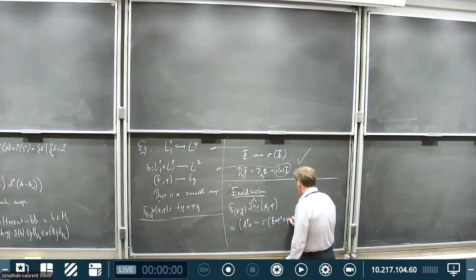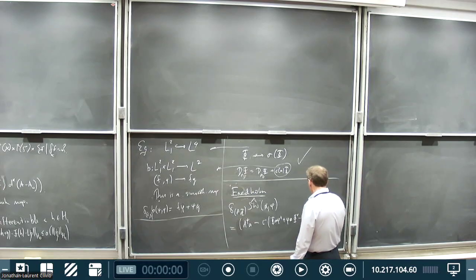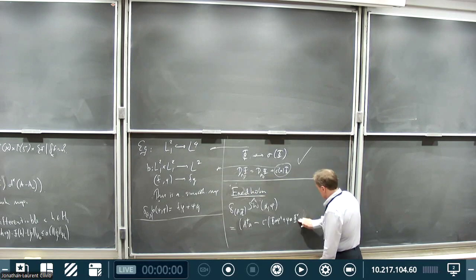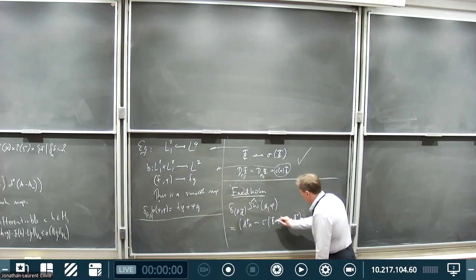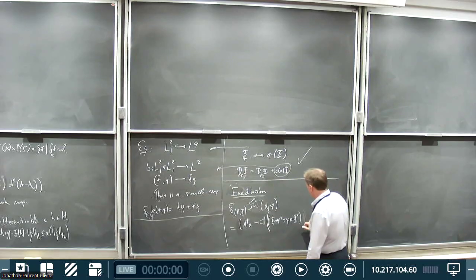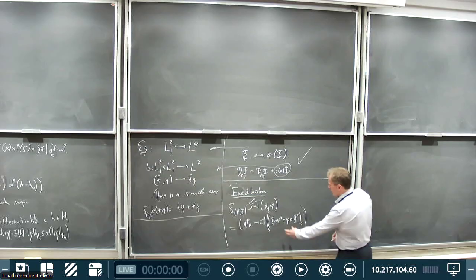Differential is this thing, minus, let's say, the inverse of Clifford multiplication, and then it's the traceless part of this again.